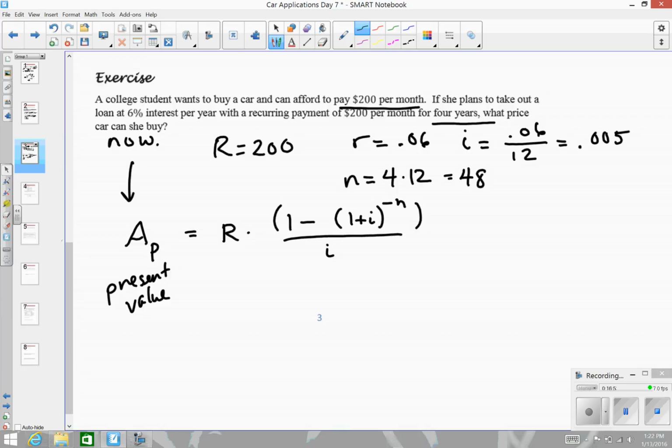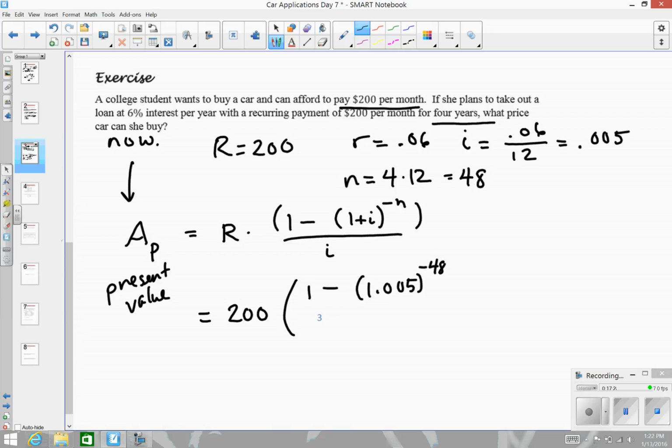So now I'm going to figure out what the present value of this car is. If we're paying $200 a month, that's our regular payment, I'm going to multiply that by 1 minus. Now, I find it's easier if I take my 1 and add that i right off the bat and make it one number. So I'm going to add 1 to 0.005 and make that 1.005, and that gets raised to the negative 48th power.